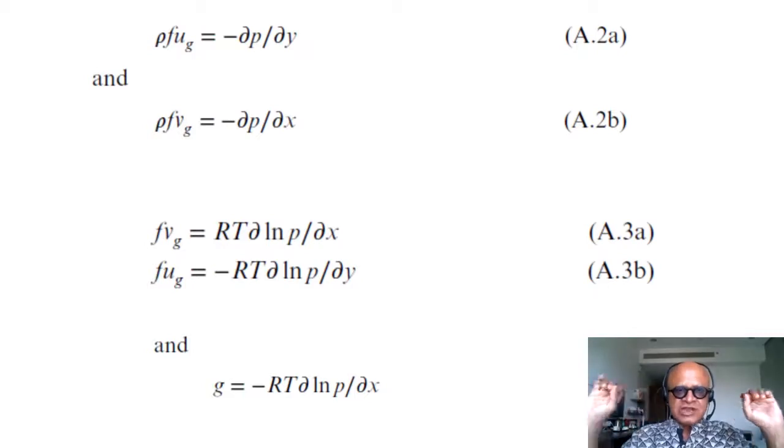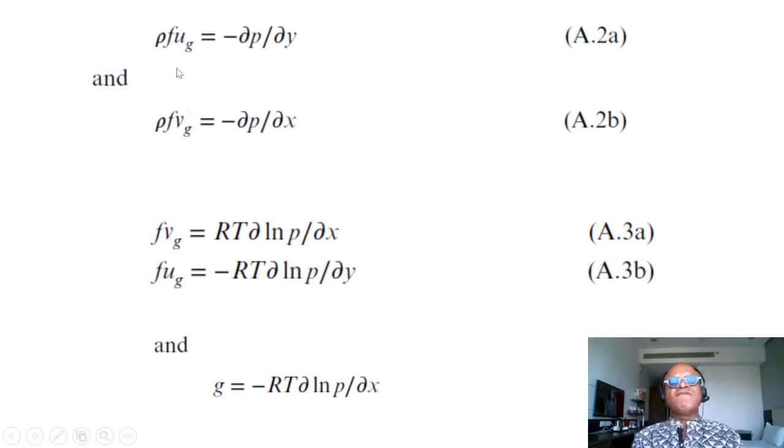We are assuming steady flow, so the time terms drop off. We are assuming no friction, so friction drops off. And we will see that we also have hydrostatic balance working by doing the dimensional analysis in the vertical.